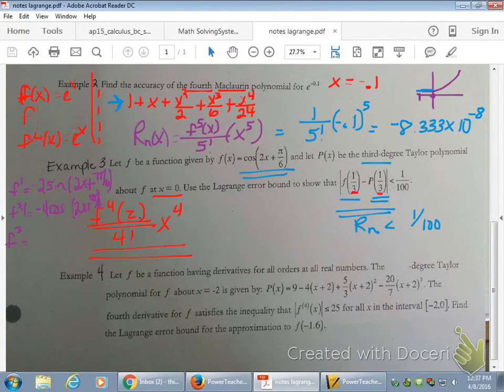I probably should do it on a different slide. And then the 4th derivative would be negative 16. I'm still not doing my sines and my cosines. I'm going to rewrite those derivatives on a different slide just so that it's easier to tell.